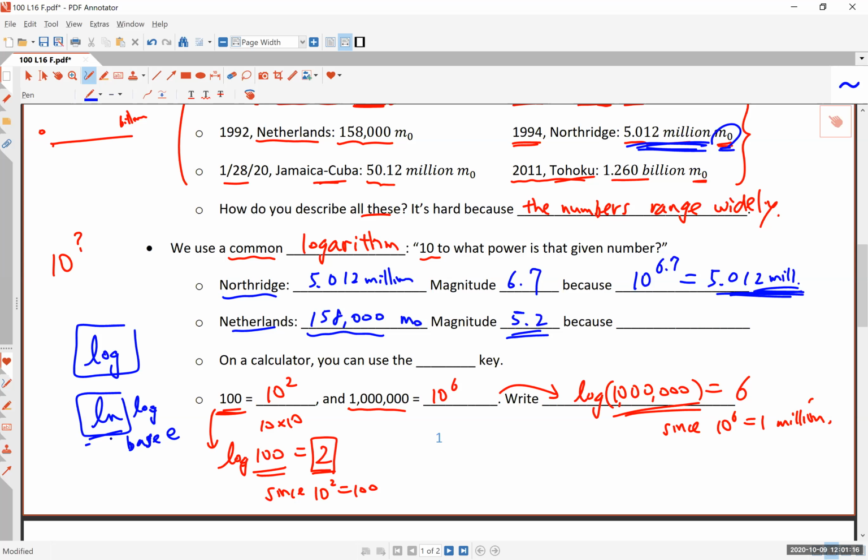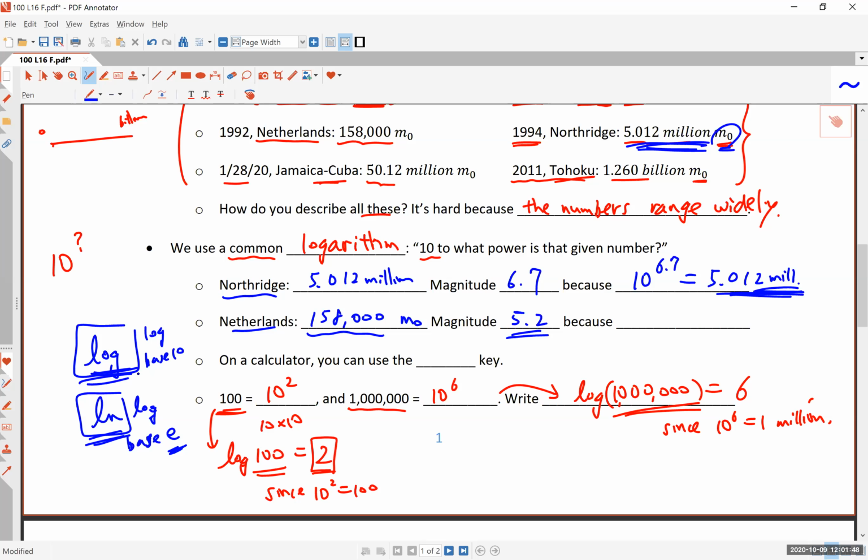This turns out to be a much more important function in mathematics and science and engineering and so on, because of the mysterious nature of this number, and it becomes even more important in calculus. If you are curious about this, you can read the book I talked about, the story of a number. But this is what we use. This is log with base 10, and this is the one we are going to use.